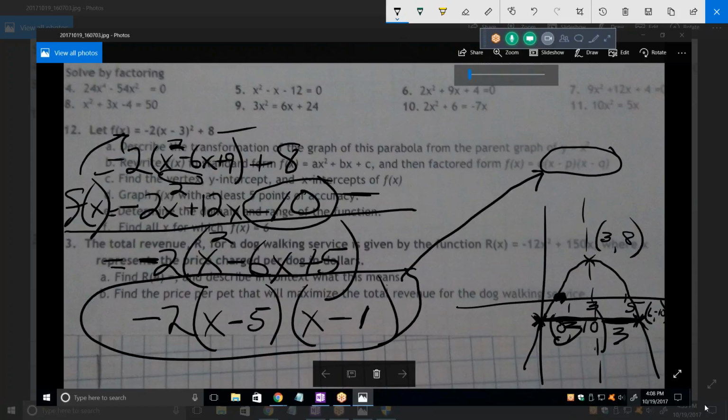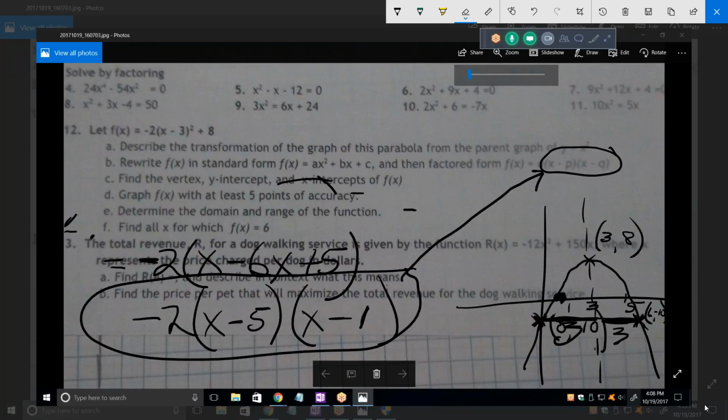So there are 5 points. Now the last question is determine the domain and the range. Well, I can erase most of this. In fact, the domain of all parabolas is what?